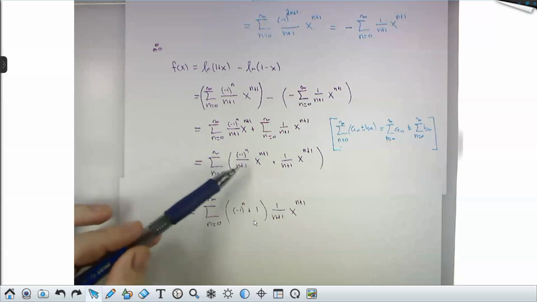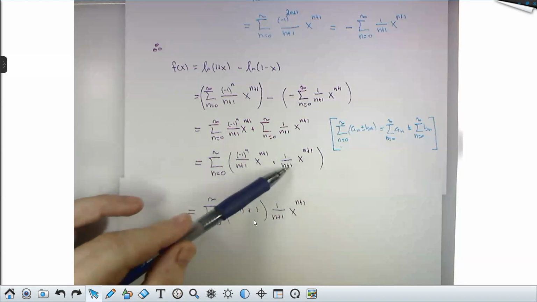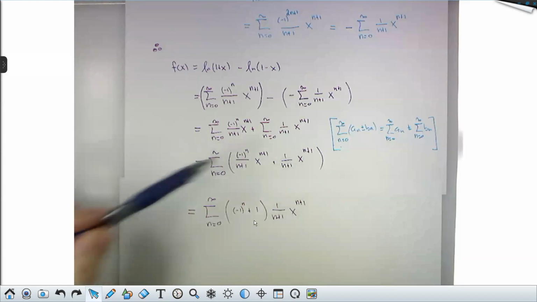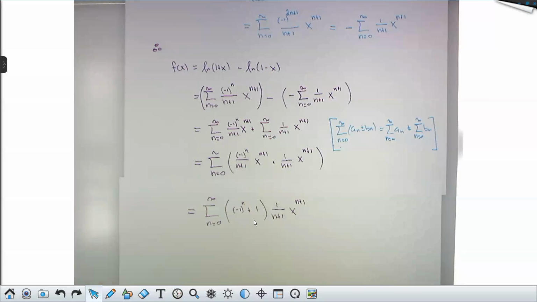So I've factored out an x to the n plus 1 from both of these expressions and a 1 over n plus 1. What's left from this piece is the negative 1 to the n. What's left from this piece is the 1. And you could write it like this.